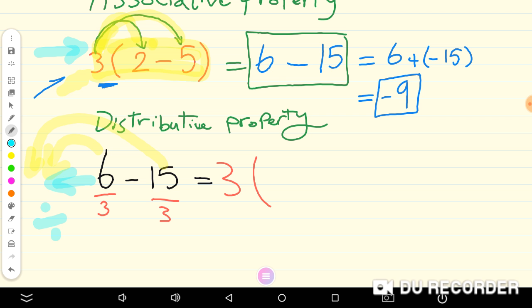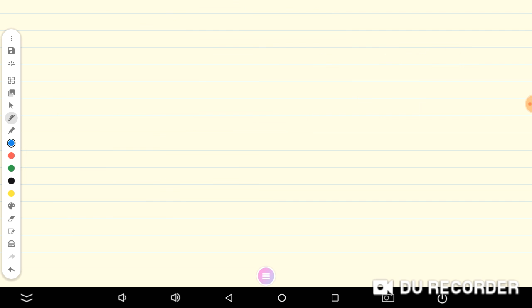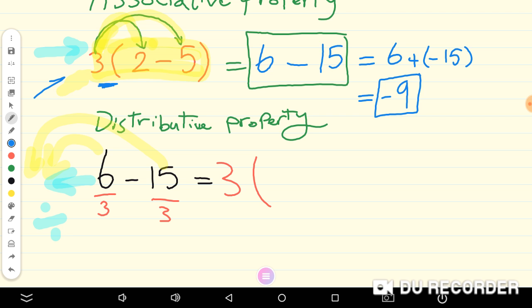Also, I can write it in this form to be easier for you. Before we take 3 out, I can write 6 as 3 multiply 2, which is 6.